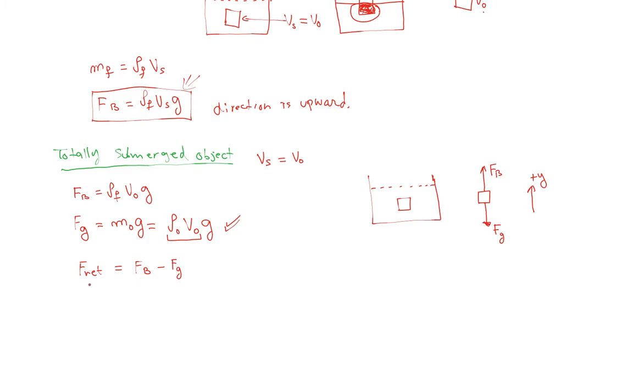Okay. So F net is, and what is F net? F net is mass times acceleration. Mass of the object times acceleration. So this is equal to then FB minus FG.